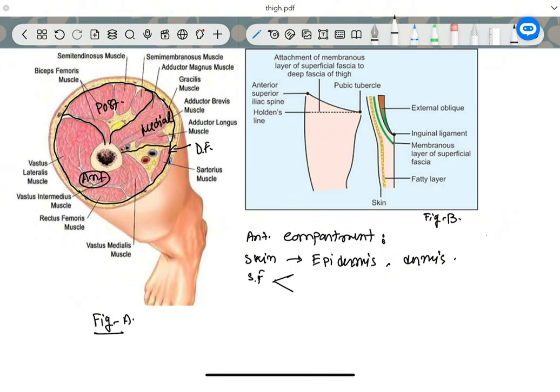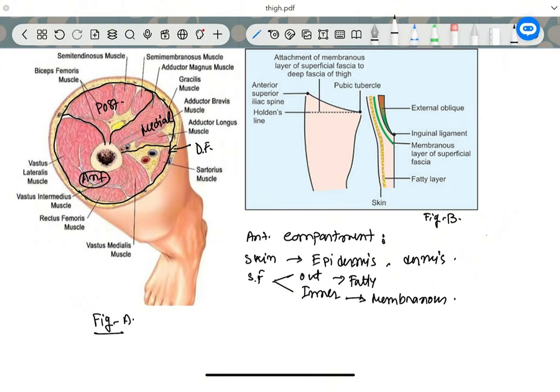Superficial fascia has two parts, one outer, another inner. The superficial outer layer is the fatty layer and the inner or deep layer is the membranous layer. We have to remember the superficial fatty layer and the deep membranous layer, which is continuous above also with the anterior abdominal wall.